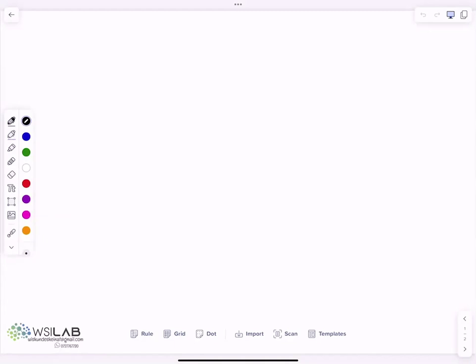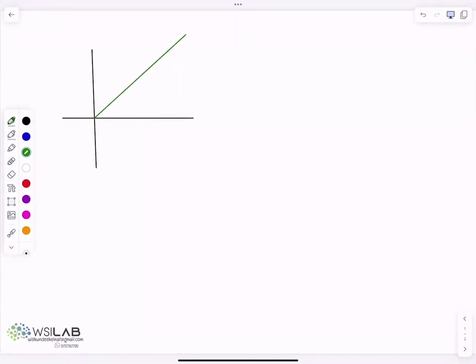Now, let's just work out what a derivative is. Let's assume that I've got a gradient here. I'm just going to do a system of axes, but just on the positive side. Let me try and do the curve first.